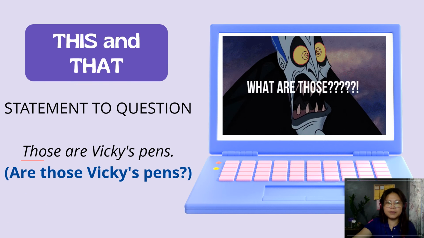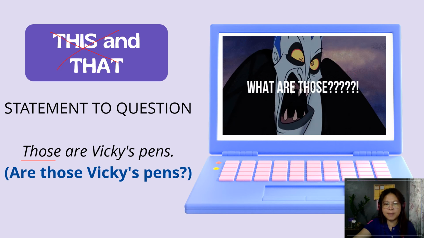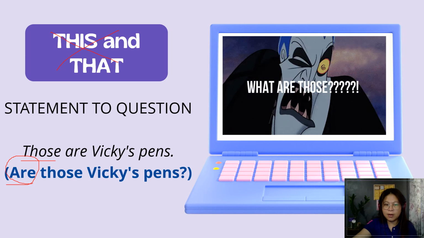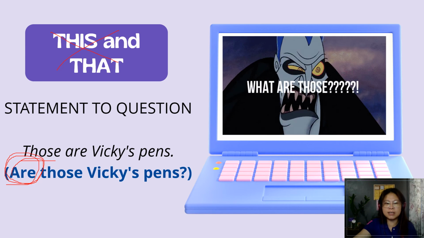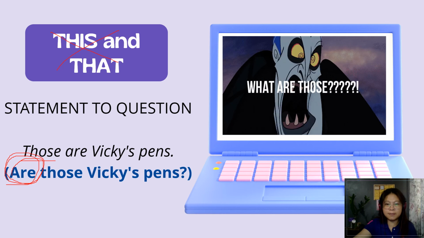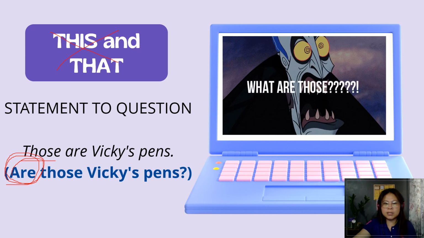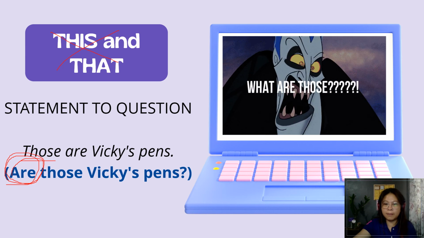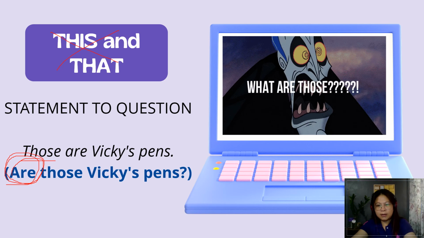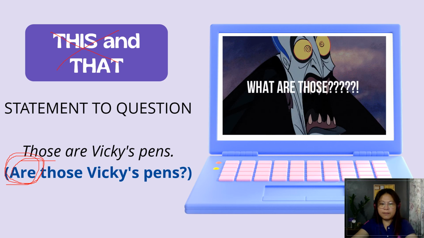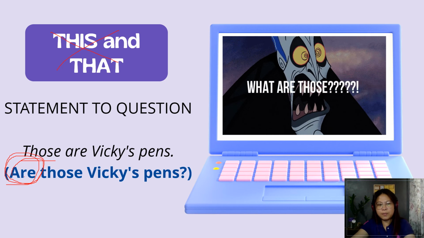Another example for those. Those are Vicky's pens. So we put the verb in front of the sentence. Are those Vicky's pens? Or, are those books from England? We put are.